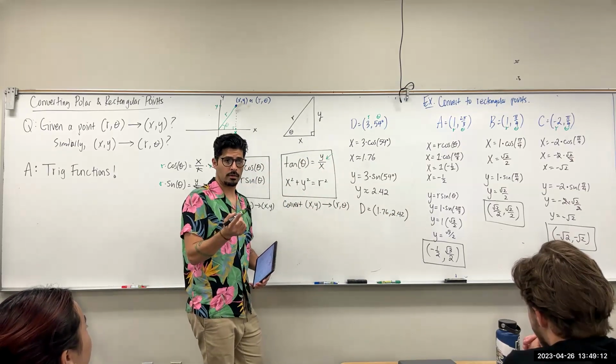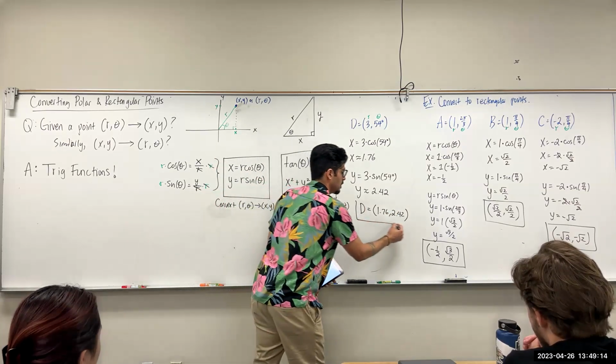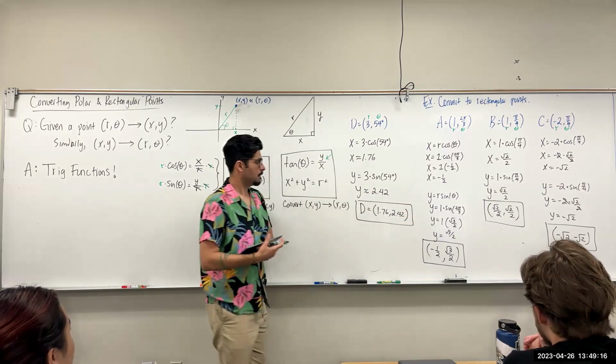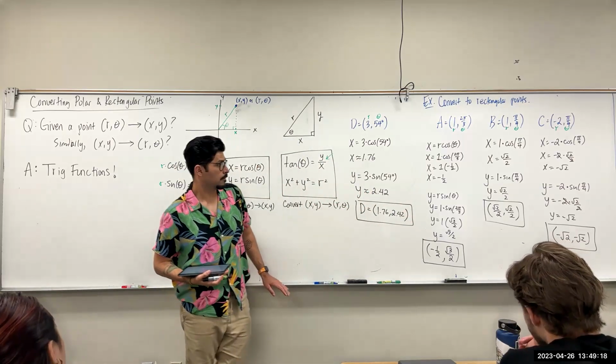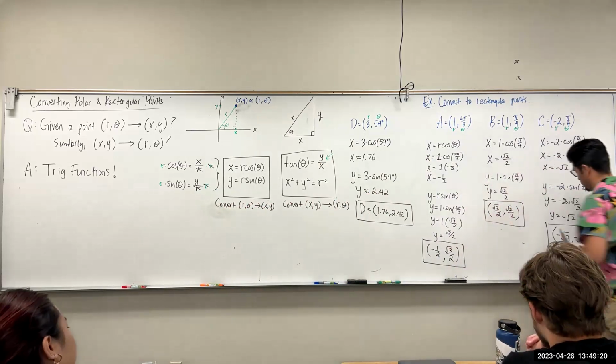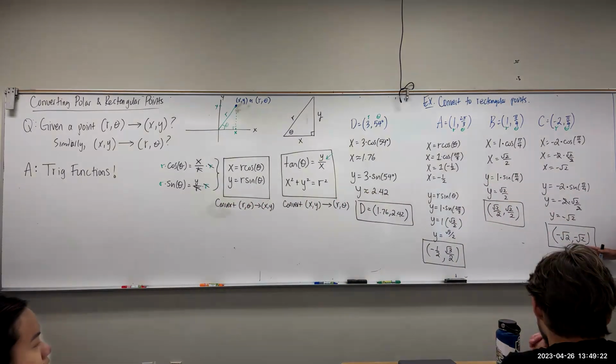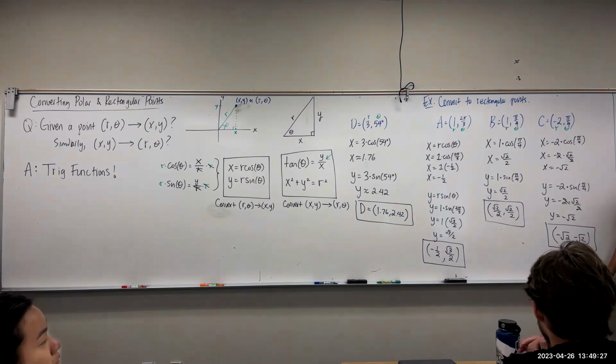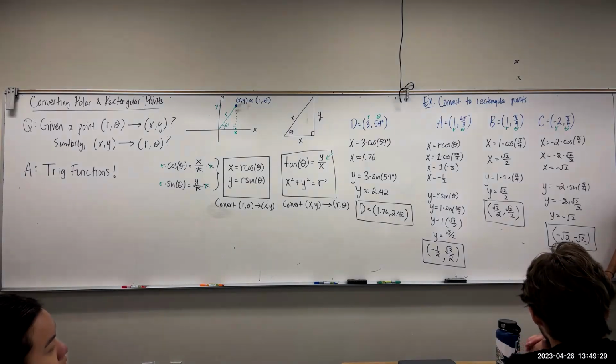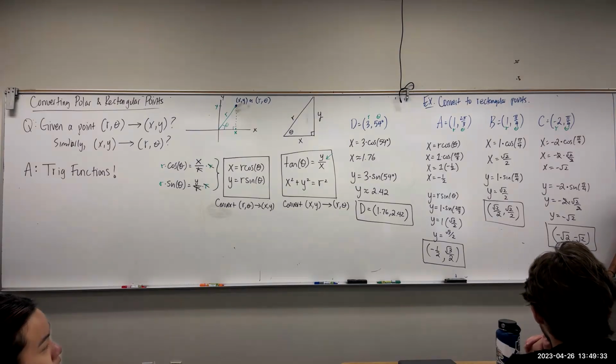Was that your question, Tiffany? Or was it different? I was wondering, so with these two over here with B and C, they both have the pi over 4. And so would we always assume that both x and y are gonna be the same when we have the theta as pi over 4? Correct.